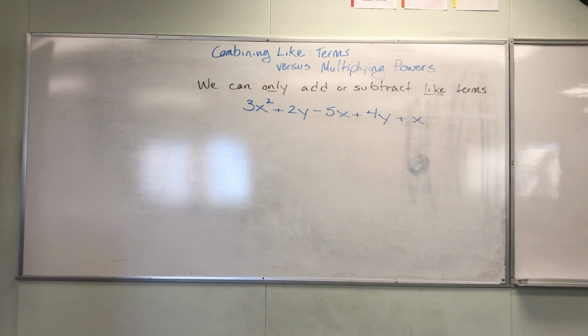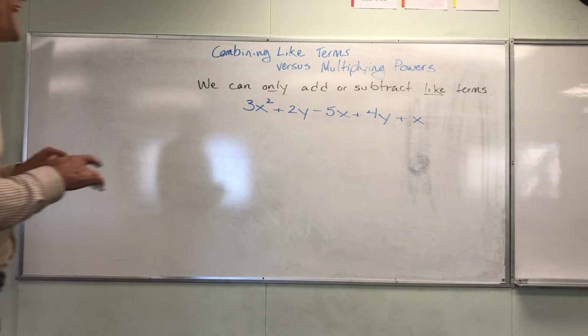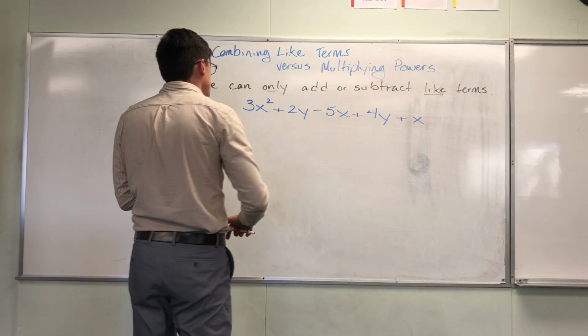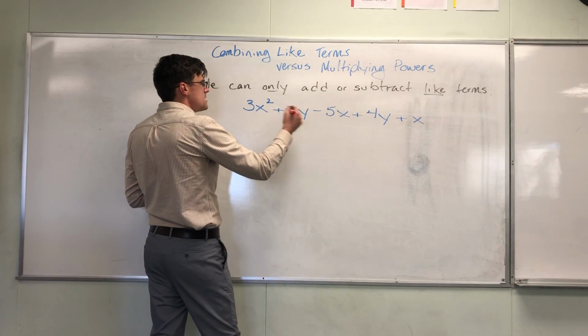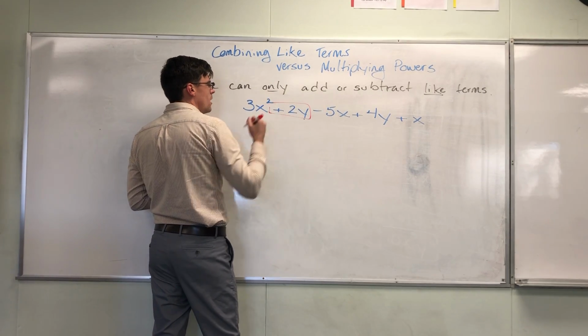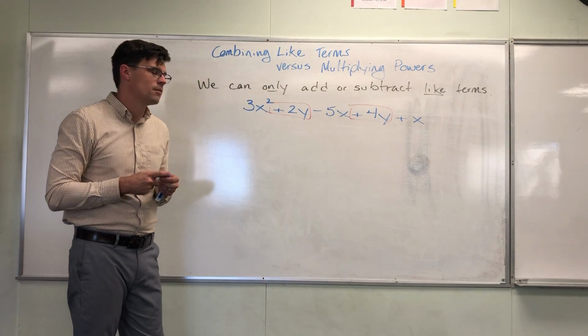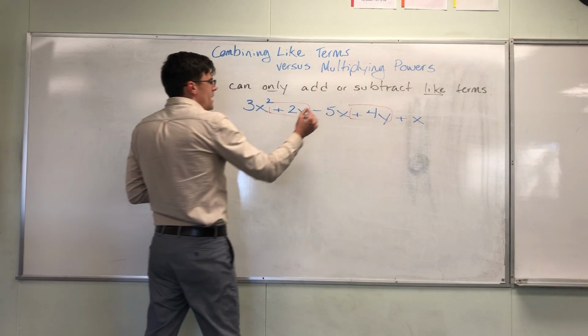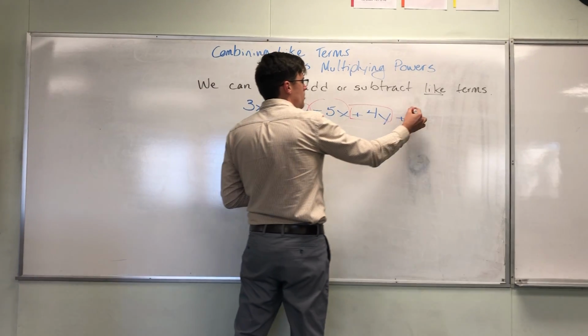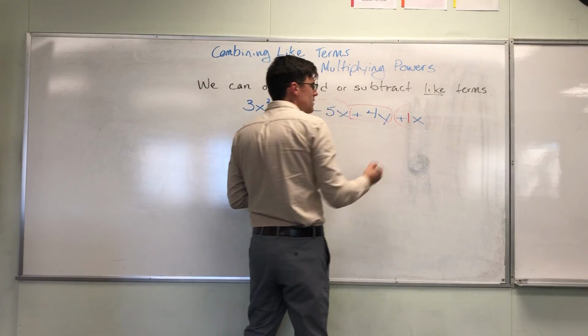That means we're looking for terms that have the same variable and the same exponent. So immediately I see we've got a positive 2y, a positive 4y, so those can be combined together. We have a negative 5x and a positive 1x.